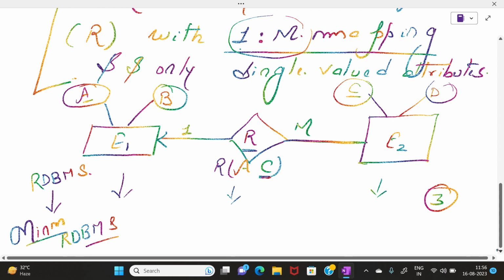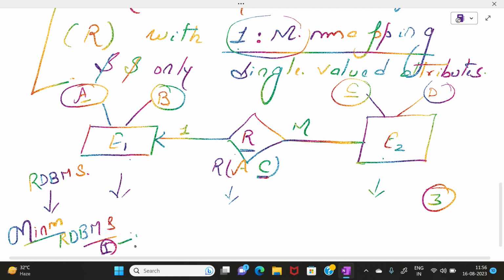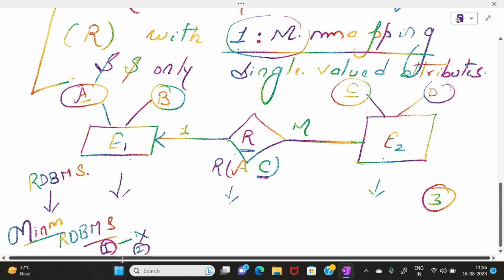The minimum could obviously be 1. So is it possible to merge all these 3 into one table? We'll see. If it is possible, then the minimum is 1, otherwise we'll go for 2. Let's say we merge these 2, possible or not possible.